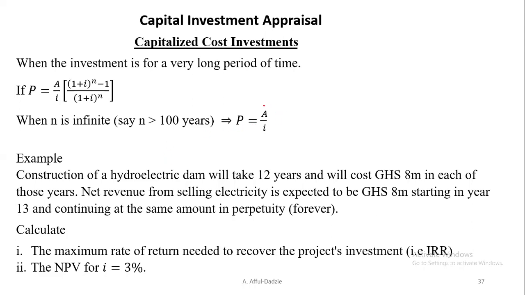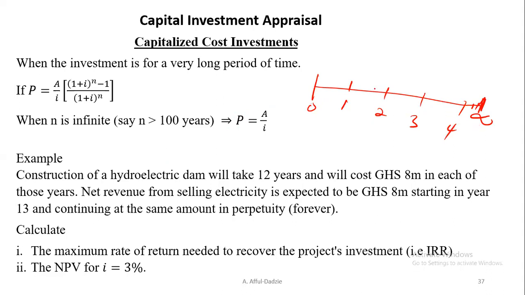You remember we said that if you're finding the present value for an annuity with an infinite cash flow, so you have zero, 1, 2, 3, 4, going to a certain infinite period.